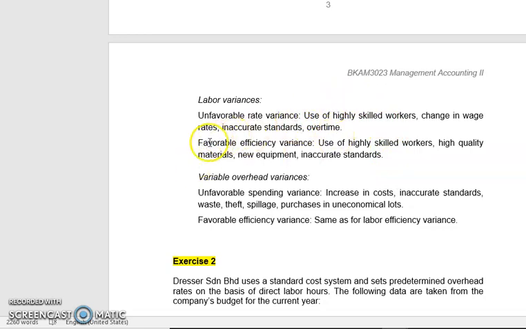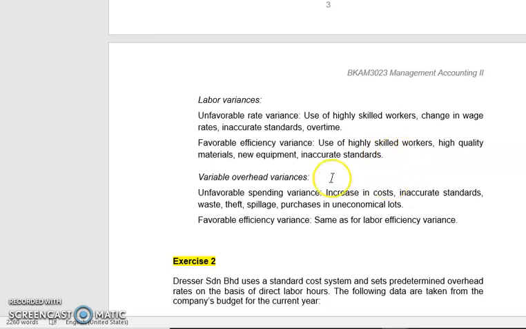Favorable efficiency variance: use of highly skilled workers, high quality material, new equipment, inaccurate standards. If we use highly skilled workers, then it will be more efficient. So there can be pros and cons of skilled workers.